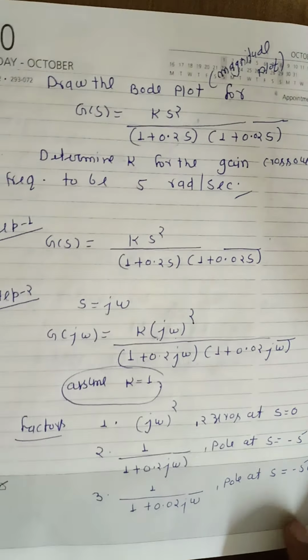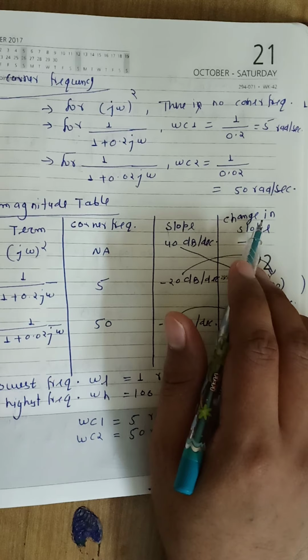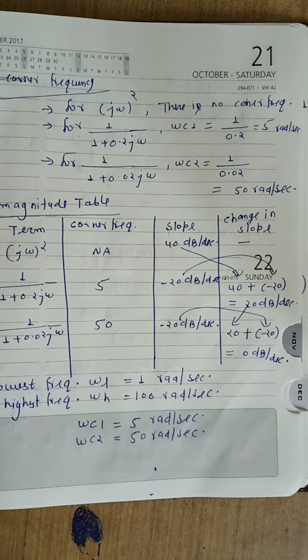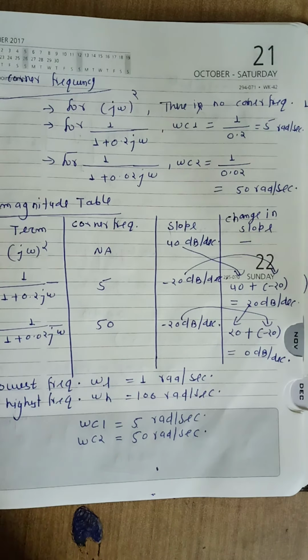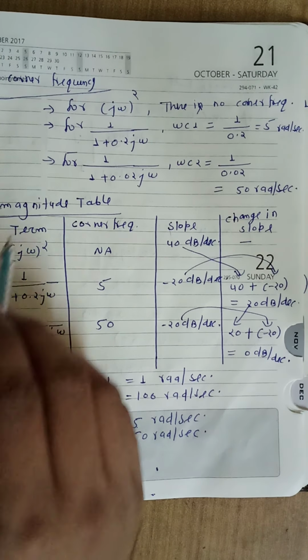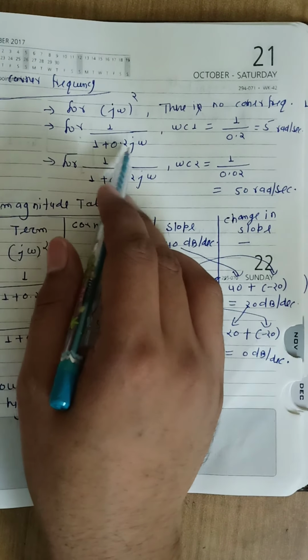Now let us see how we can define the magnitude table. The first column will define different terms, the second will define corner frequency for each term, the third will define slope in dB per decade, and the last will define change in slope in dB per decade. So here we have the first term (j omega) power 2, the second term 1 over 1 plus 0.2 j omega, and the third term 1 over 1 plus 0.02 j omega.